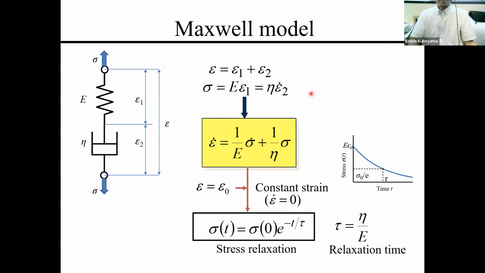And the second part is this one. You can make an equation for this Maxwell model, and the relaxation process can be expressed by the equation. For example, you can think about the strain for the spring part and the dashpot part, because, as I explained, the deformation of each part is different. The total strain is represented by the addition of both components.